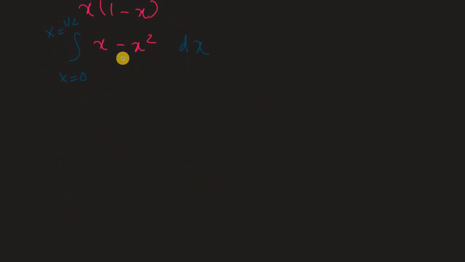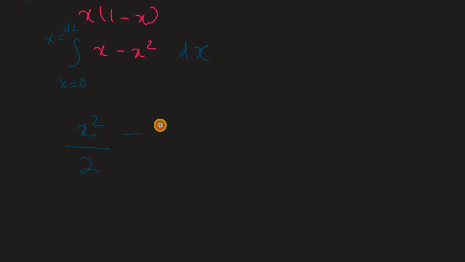We have only one variable left, we no longer have two variables, so it's a simple problem like we did in Cal 2. So we can integrate with respect to x. This is x squared over 2, and minus x cubed, since we add 1 to the power and divide by 3, and then we solve from x equals 1 over 2 to x equals 0.